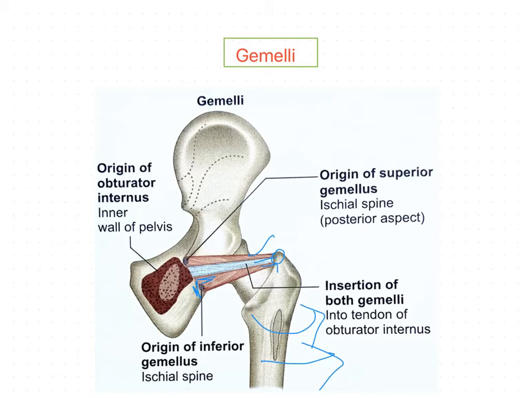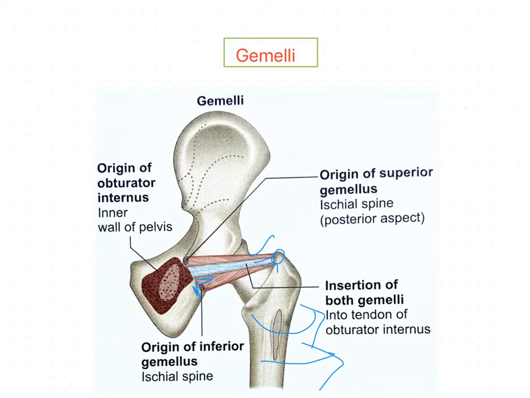Here the tendon leaves the pelvis through the lesser sciatic foramen. I have already mentioned before how these foramens are formed. So the obturator internus tendon leaves the pelvis and comes to the gluteal region through the lesser sciatic foramen.